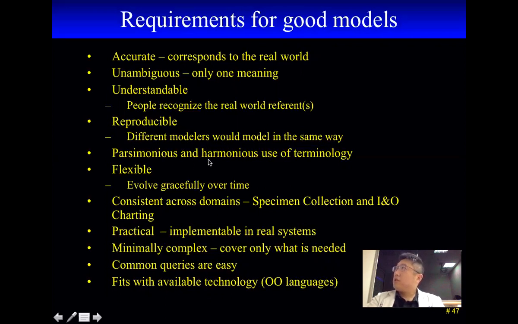Then parsimonious and harmonious use of terminology, as I described earlier: we only create the real thing if it does exist. You got the idea? Actually, this is a little bit complicated.